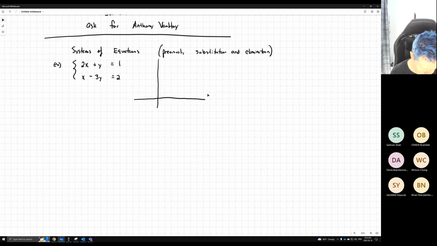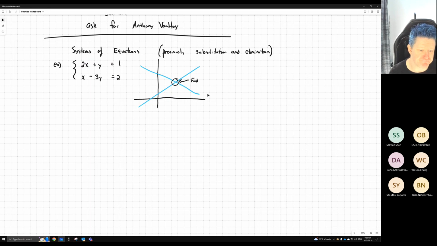So maybe this is one of them, and maybe the other one looks like this. So there is apparently an intersection point for these two lines. And your job, at least geometrically, in solving systems is to find this intersection point. That's what it means to solve the system of equations.